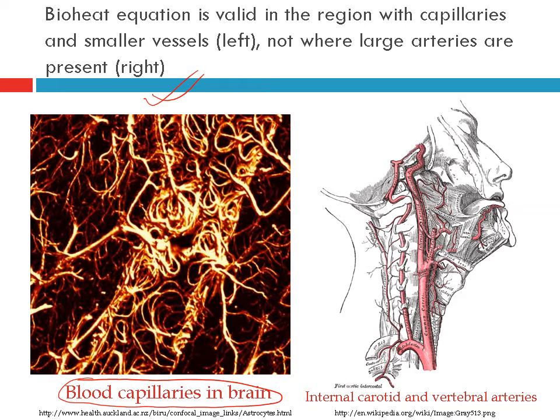However, we cannot make the assumption in a region like this when you have a large vessel. We cannot assume that the blood equilibrates with the tissue and gives off all the heat. So the equation that we're about to derive is valid for regions like this and not like this. Okay.